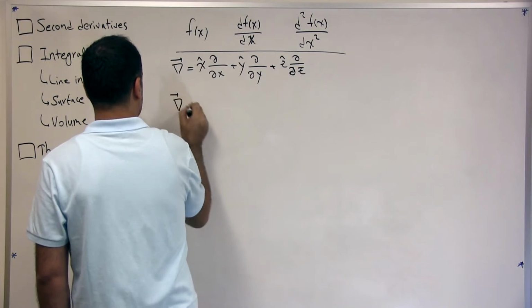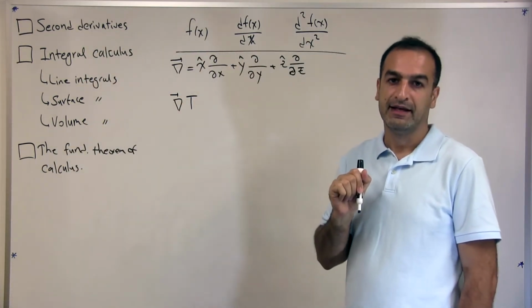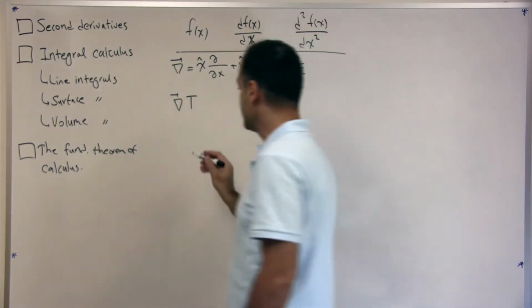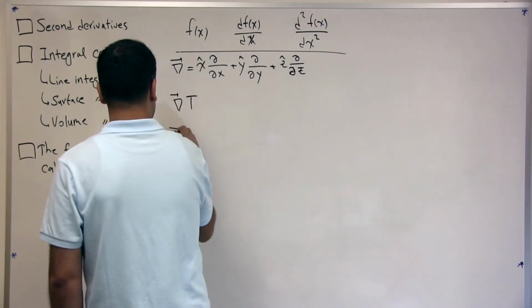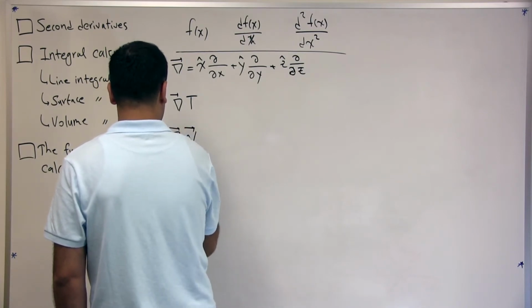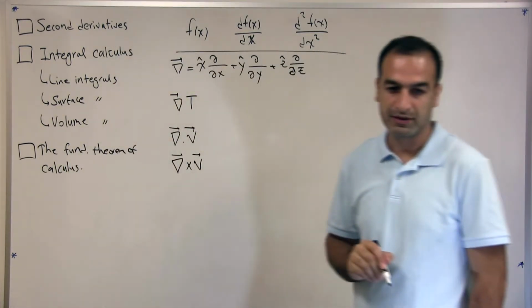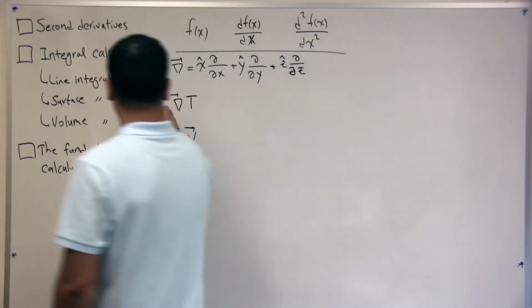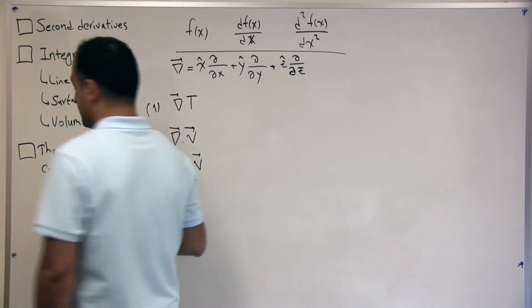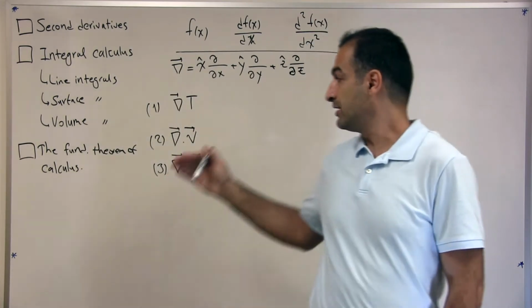So if we do it once, we can get something like gradient of T. We can apply it on vectors in two different ways: the divergence of a vector function or the curl of the vector function. So now we have really three different ways to apply the del operator once on a function.